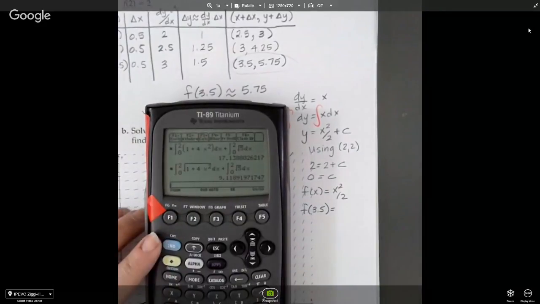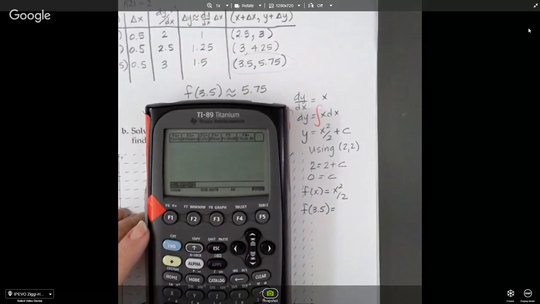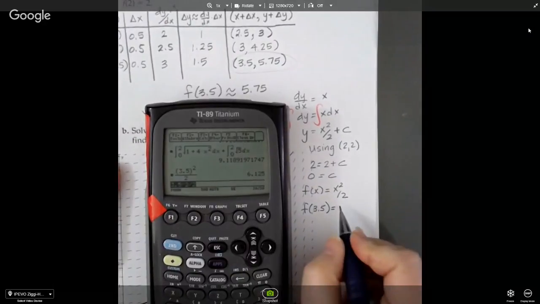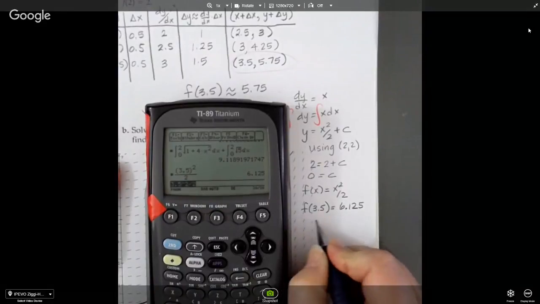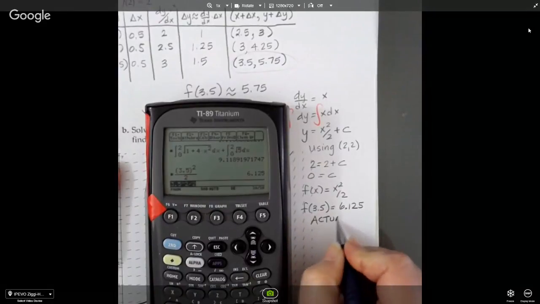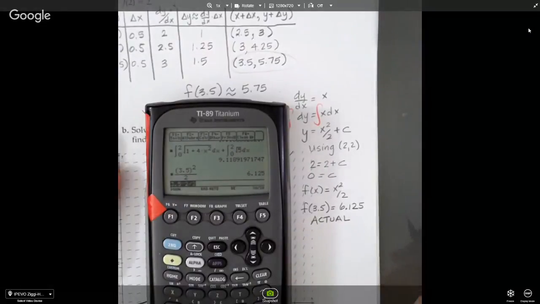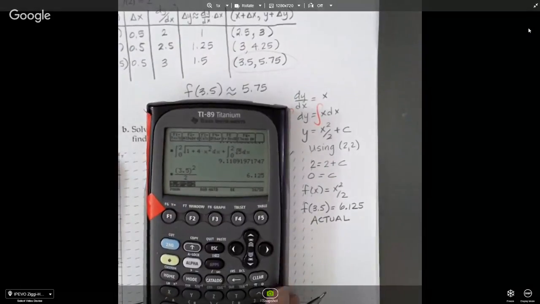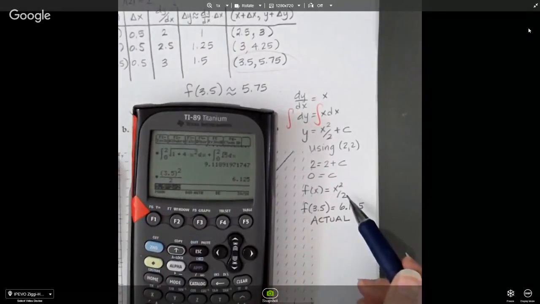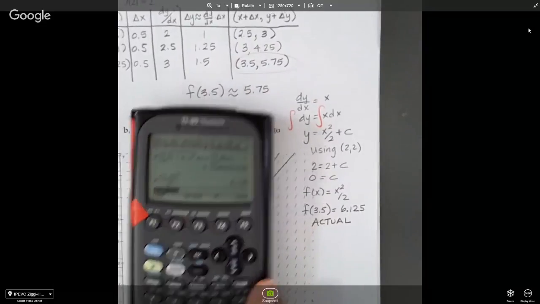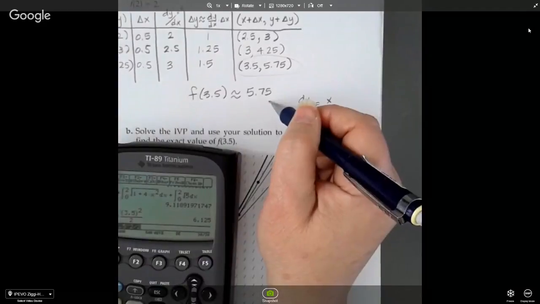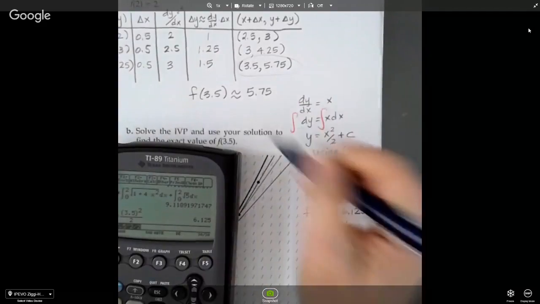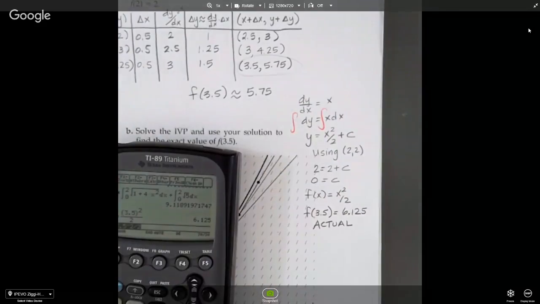Let's do that. We get 3.5 squared divided by 2. And the calculator says, well, that's a whopping 6.125. All right, so this is the actual value of f of 3.5. And because this curve, x squared over 2, is concave up, our estimation is an underestimation, and we expected that.